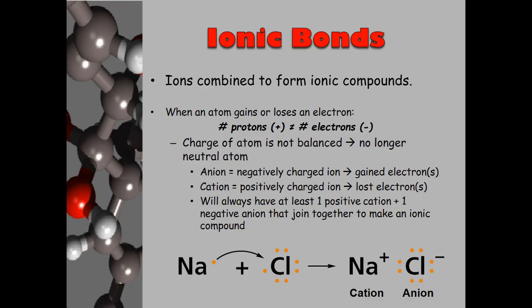It really kind of just depends. But I need at least a positive ion and a negative one because ultimately it's those opposite charges that hold these guys together in that compound, right? So opposites attract. It's like putting a positive and a negative magnet together. That's what's going to keep those atoms together in that compound.